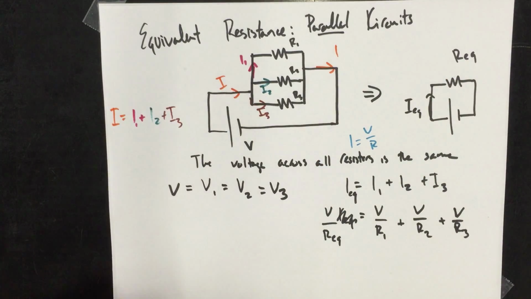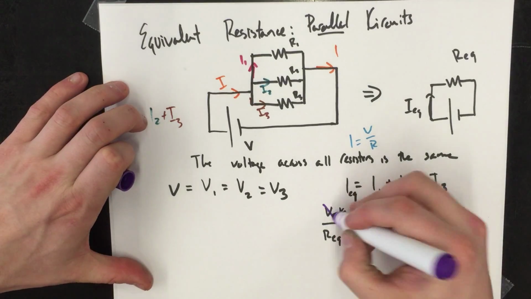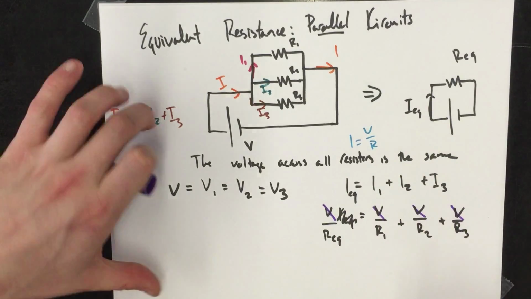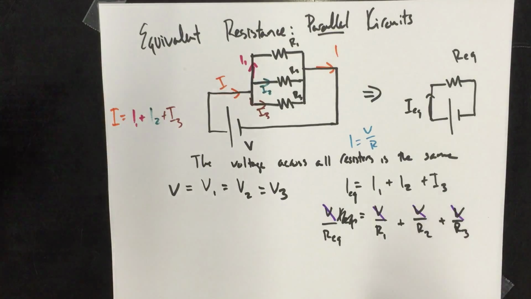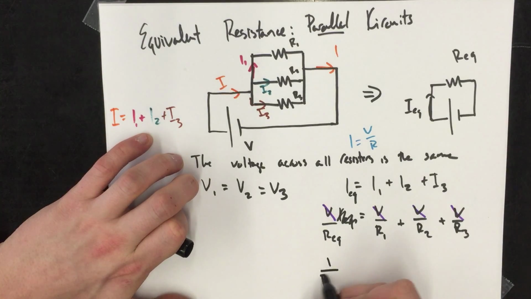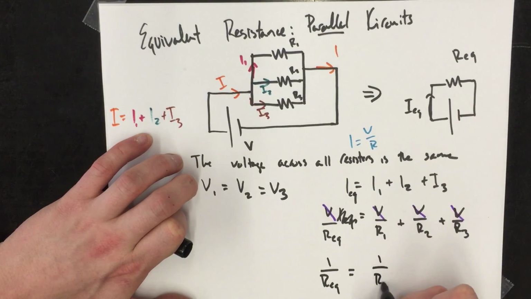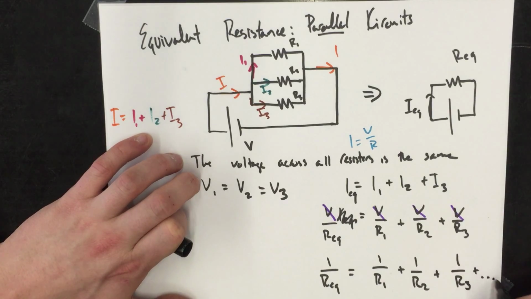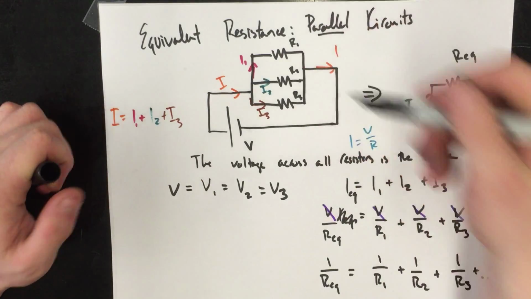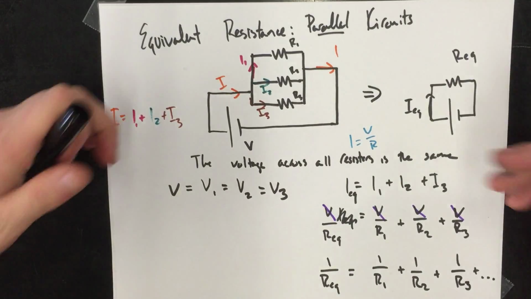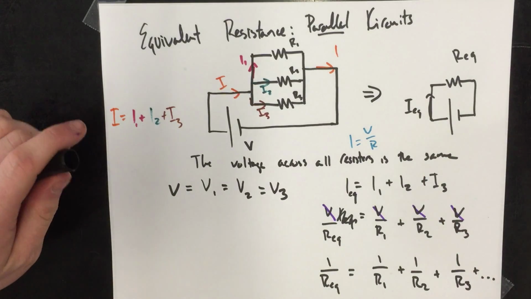Notice I have a V in every term, so I could divide every term by V, causing each V to cancel out, leaving me with this expression, 1 over REQ. Equivalent resistance is 1 over R1 plus 1 over R2 plus 1 over R3 plus however many more I have hooked up in this parallel circuit.